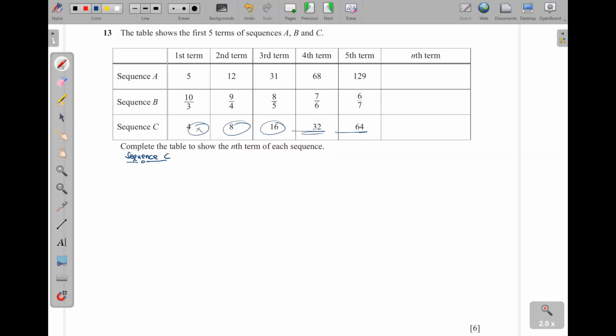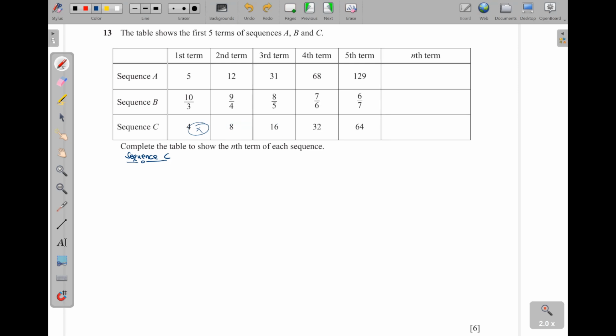Since there is what we call a common ratio, in other words, 8 divided by 4 you get a 2, 16 divided by 8, 32 divided by 16 you get a 2, 64 divided by 32 you get a 2. So that's a common ratio. So that is what we call a geometric sequence or progression.